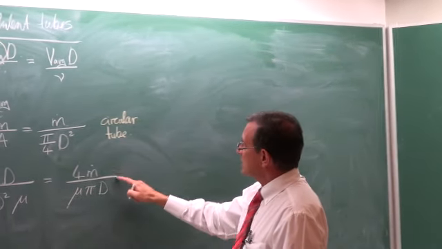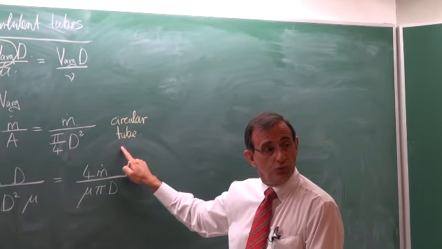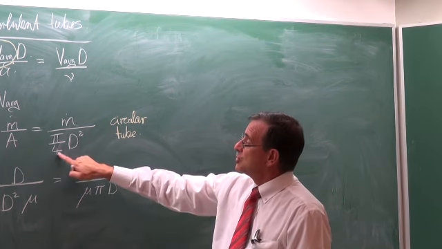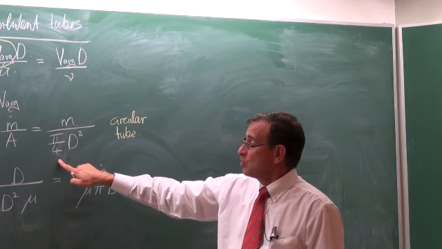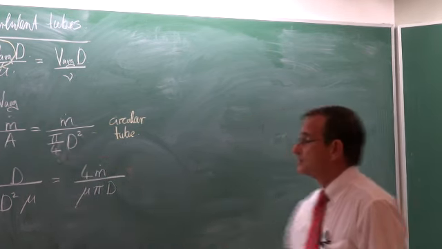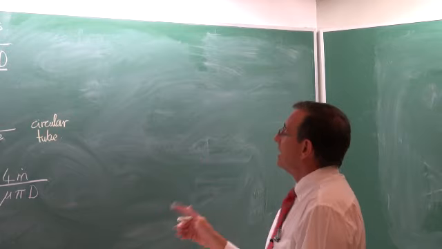But remember, this is only valid for a circular tube. If it's not a circular tube, then this area is not going to be pi divided by 4 d squared. So just be careful of that.